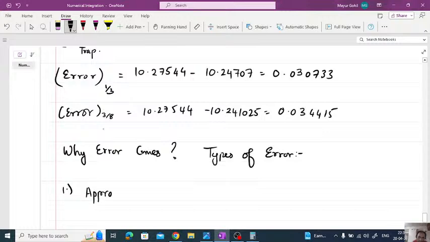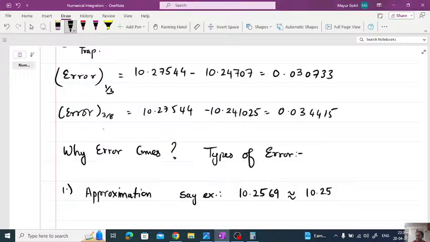When you do approximation, you are bound to take some error into consideration. Say, for example, the answer is 10.2569 and I am approximating it and saying it is 10.257.